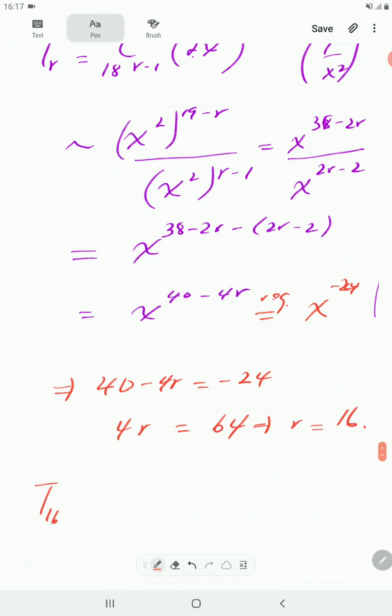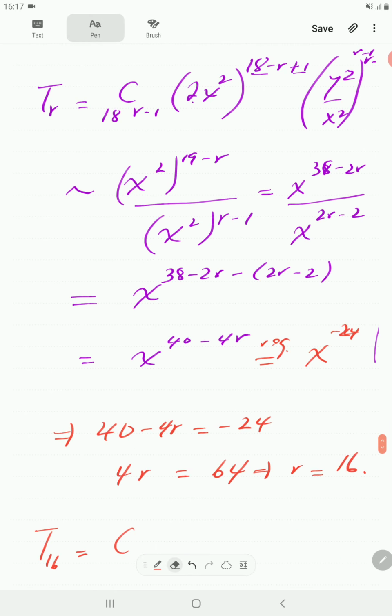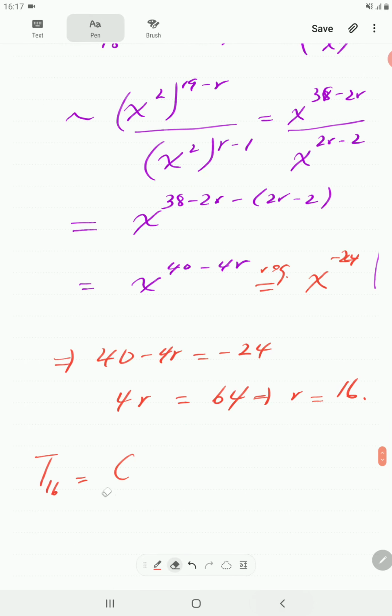So term number 16 is going to be combinations of 18, taking 15 at a time.